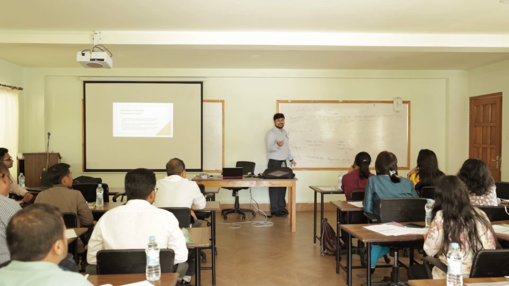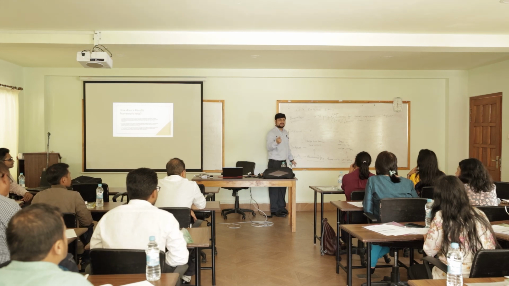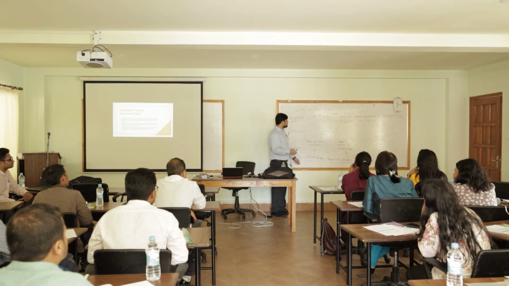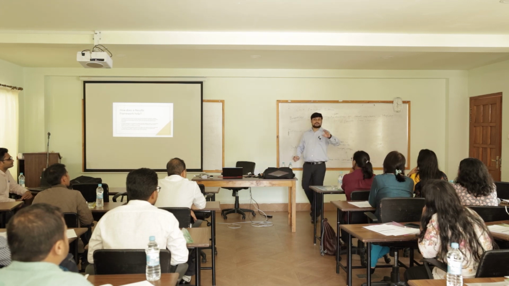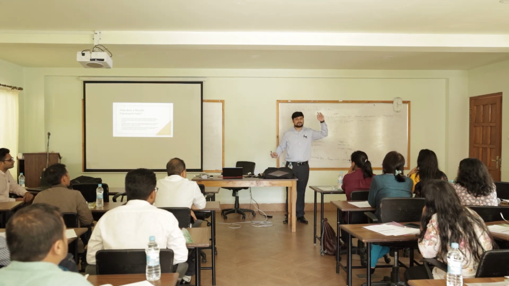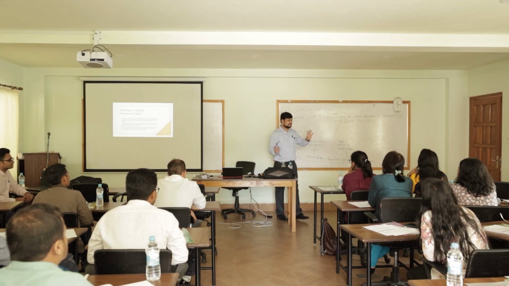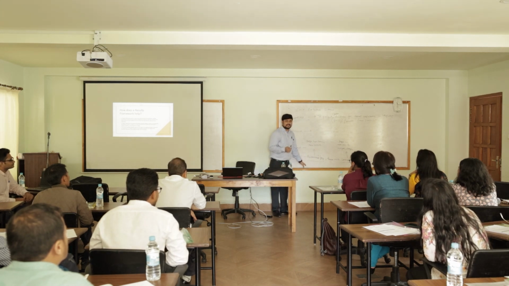And if you set a target to it, you say that in 2023-24, 30 trainings were supposed to be organized, or 30 awareness campaigns were supposed to be organized. That becomes your target. So in this case, the indicator is simple. How many awareness programs were organized?